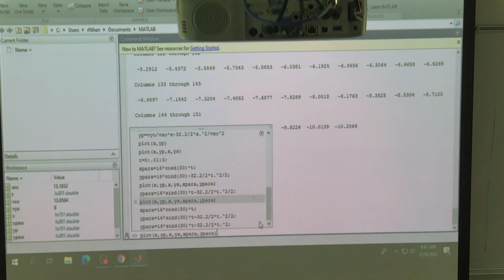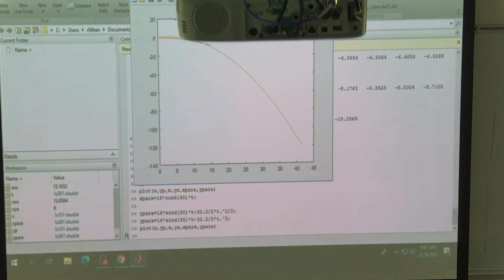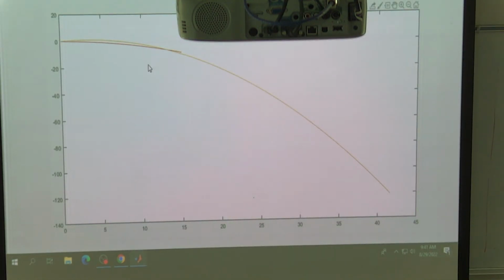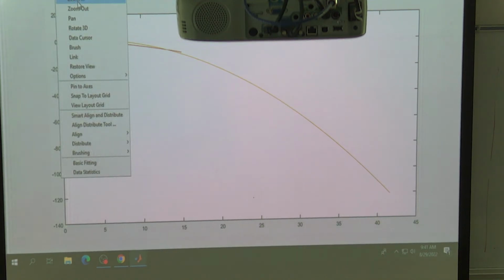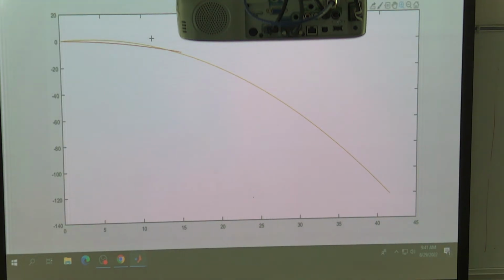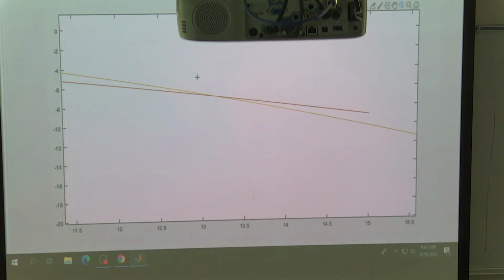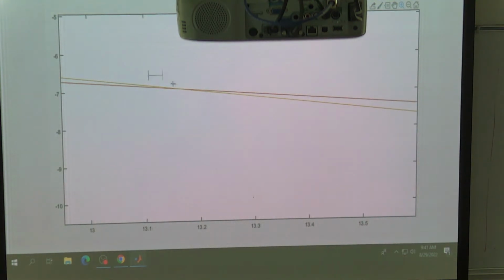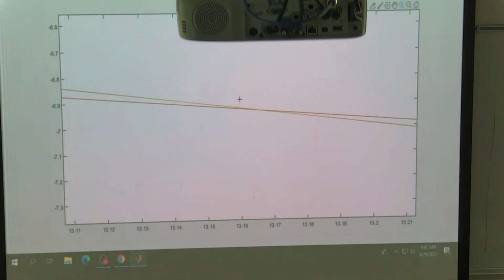Oh, wait a minute. And this time it appears, I'm not saying it is, zoom in, it appears like I can't tell the difference between two of them. I guess I could get in close enough.